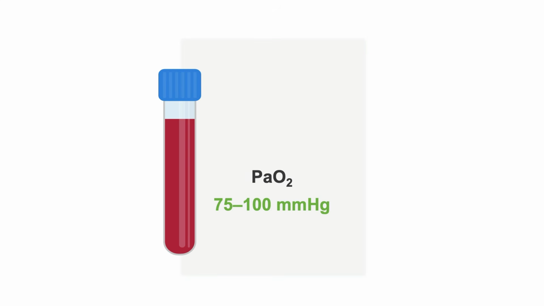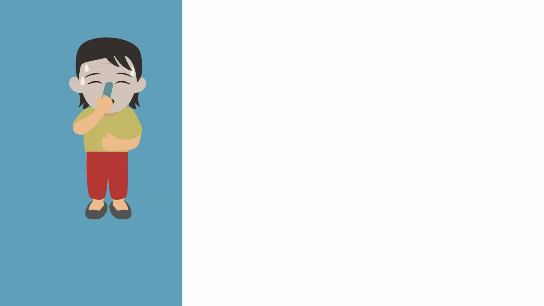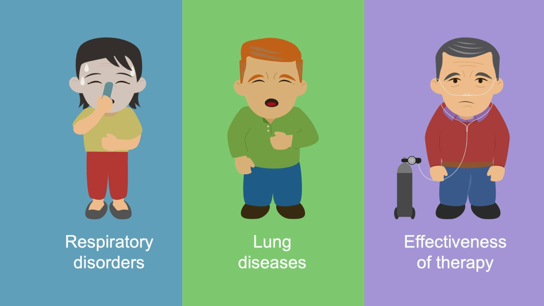Normal PaO₂ levels typically range between 75 and 100 millimeters of mercury when breathing room air at sea level. Deviations from this range can indicate respiratory disorders, lung diseases, or that oxygen therapy is not sufficiently improving oxygenation as expected.